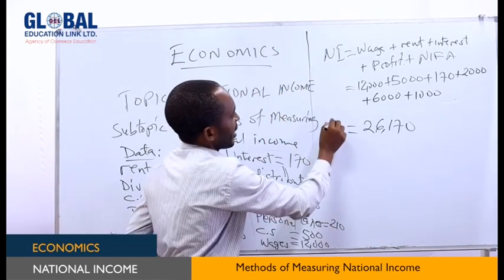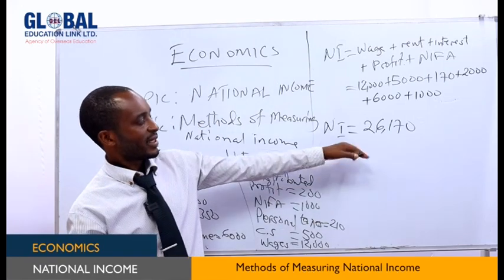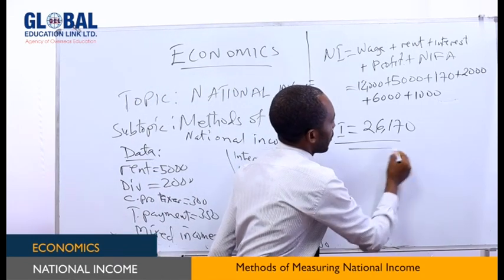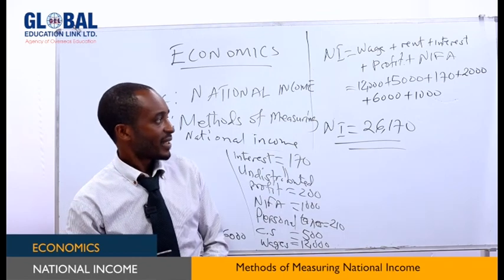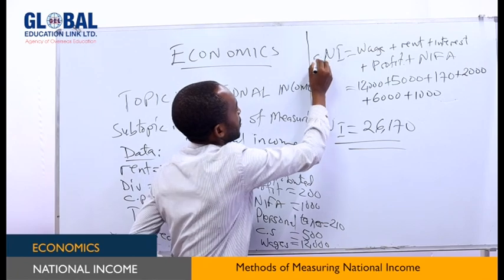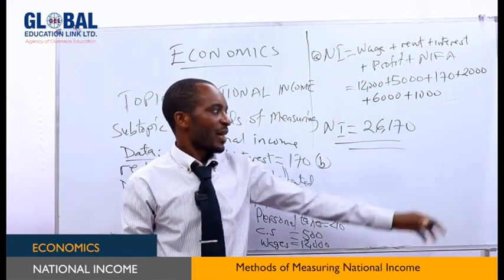So the national income, this will be at factor cost, since it is the income of factors of production. So the national income will be 26,170. Now for part two, we're asked to calculate the personal income.